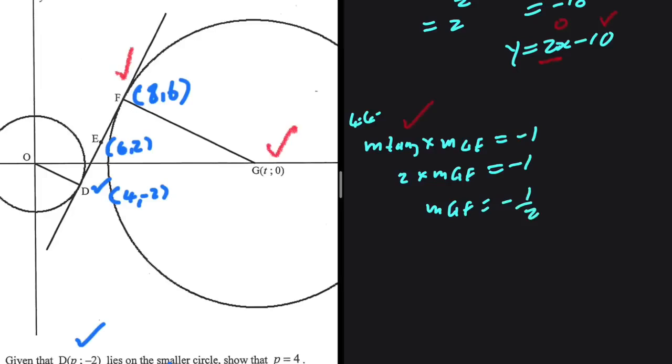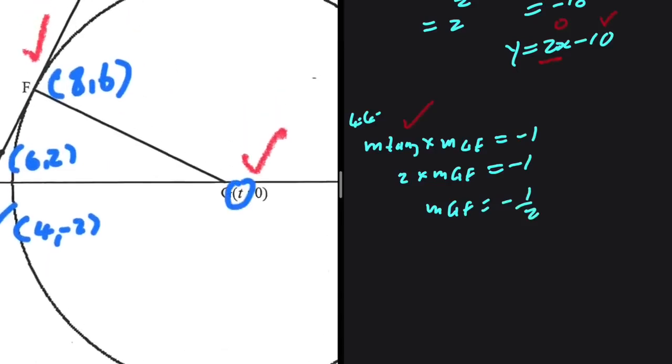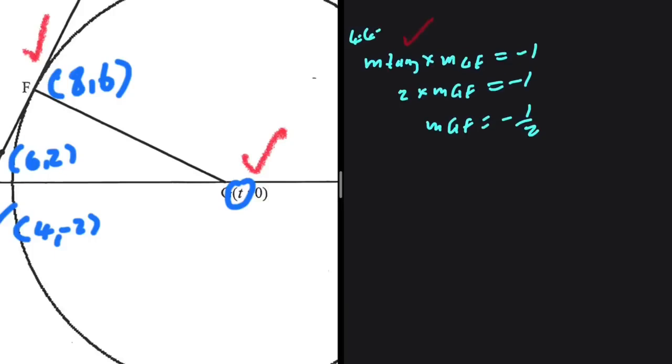How can we use that to find the coordinates of t? If we use GF to find that gradient of minus a half, the only unknown variable will be t. Let me show you what I'm talking about. So we can say that the gradient of GF is equal to y2 minus y1 divided by x2 minus x1.